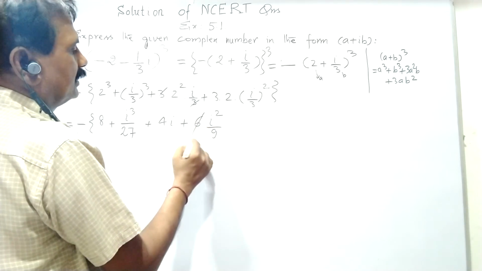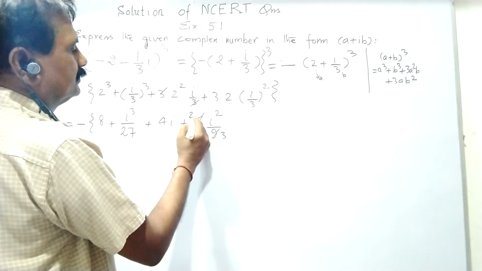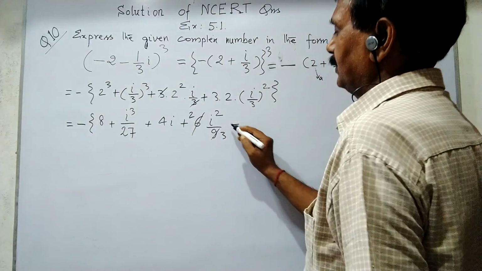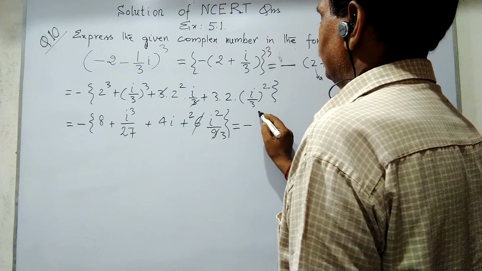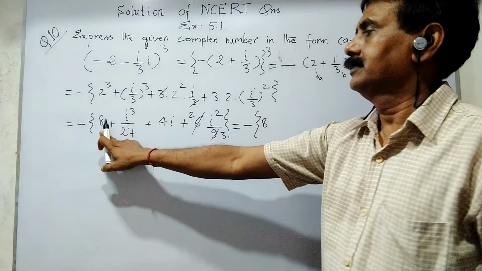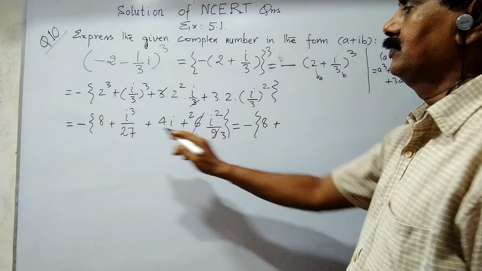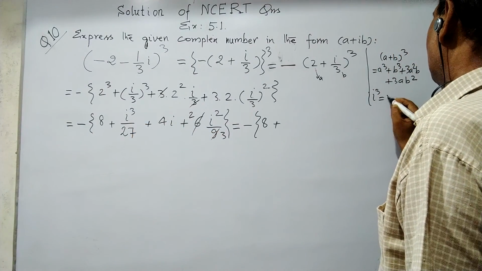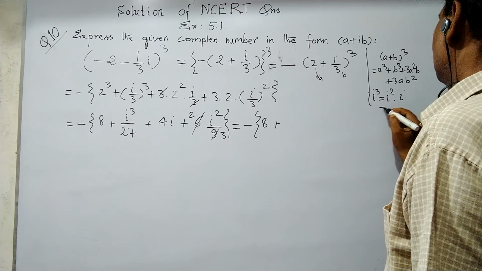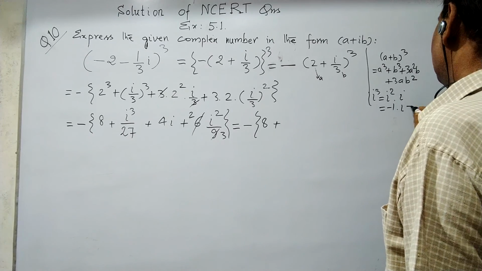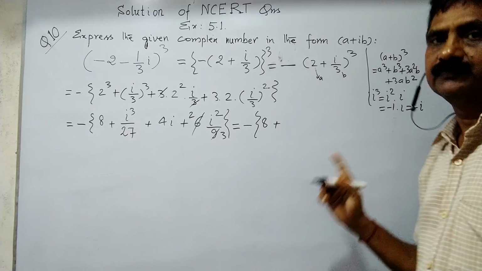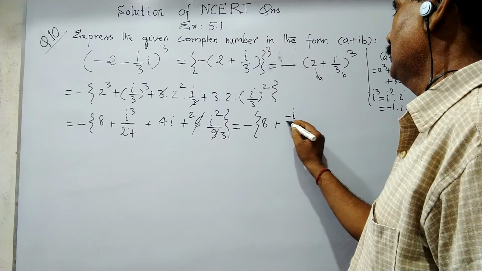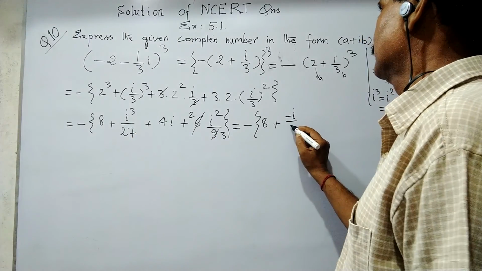Then cancel it out, 3, and this is 2. Then this becomes minus 8 plus i cube. We know that i cube equals i square into i, i square equals minus 1, and into i, that means minus i. This is minus i divided by 27.